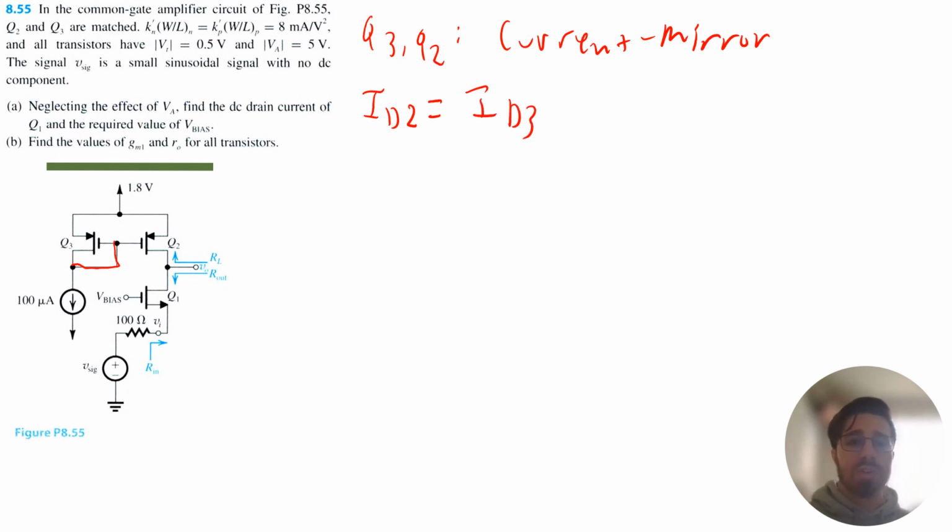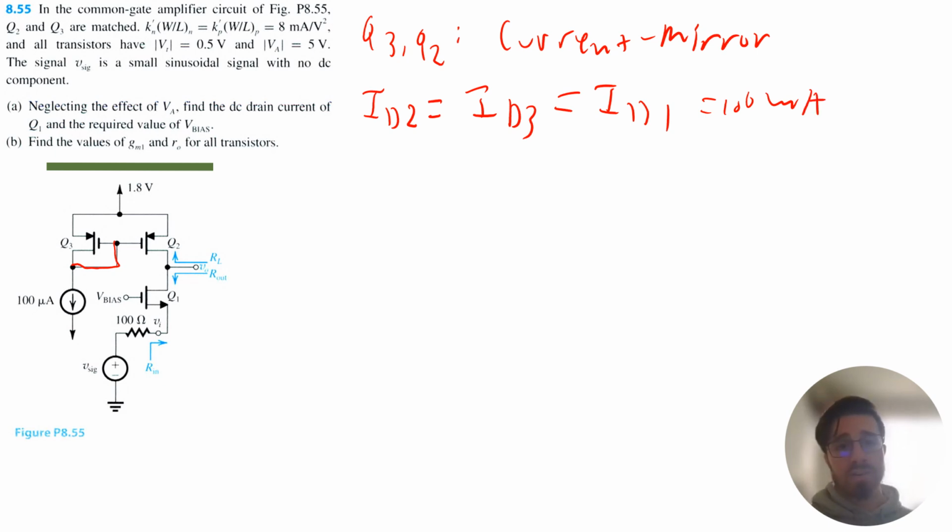And because Q2 is simply cascaded with Q1, we can already solve the first part of part A, asking for the DC drain current of Q1, because we can tell, based off this information, that the same current is traveling through the entire circuit. So that's the answer to the first part of part A.